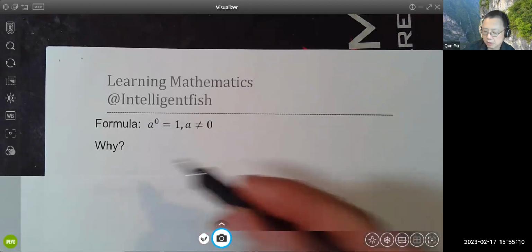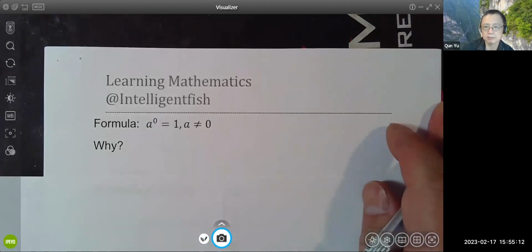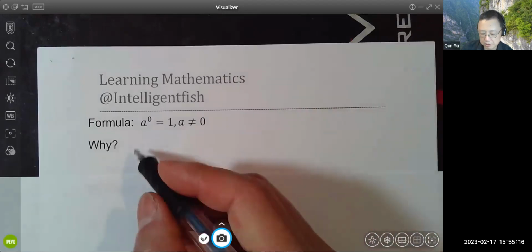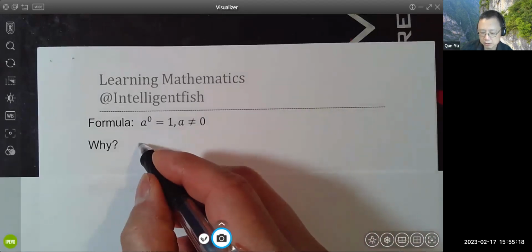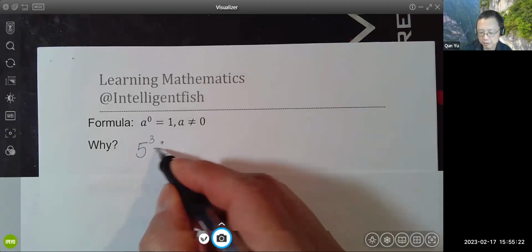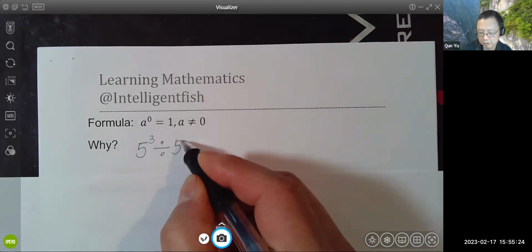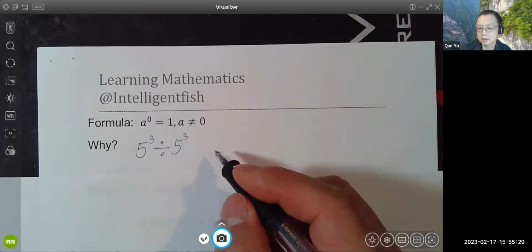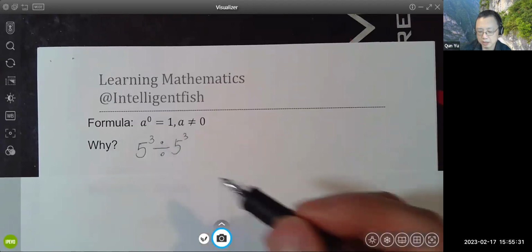Now, let me use specific numbers to do a demonstration, so that it's easier to understand. So let's say we use 5 to the 3rd power divided by 5 to the 3rd power. And we just learned this formula from the previous slides.